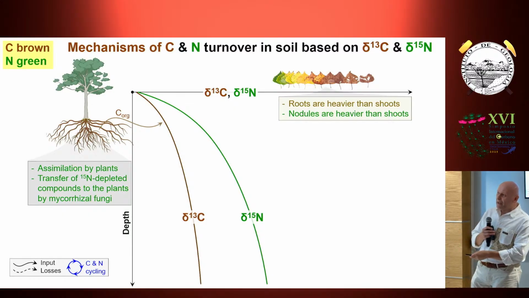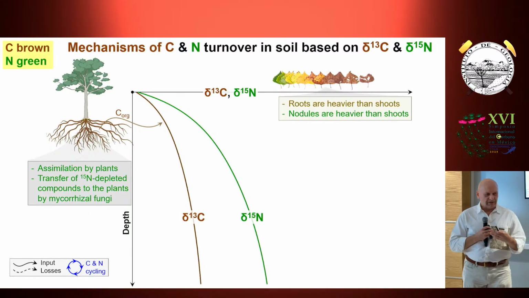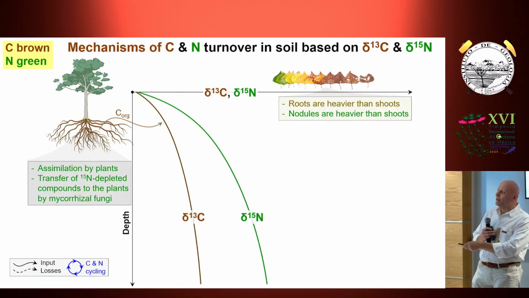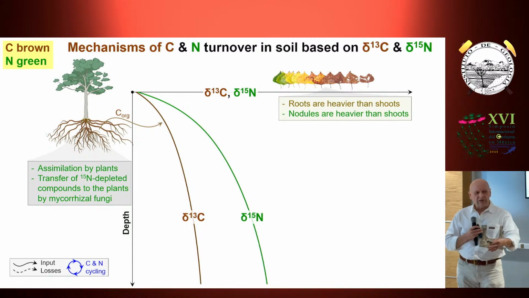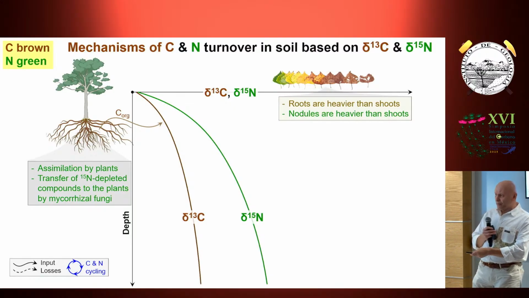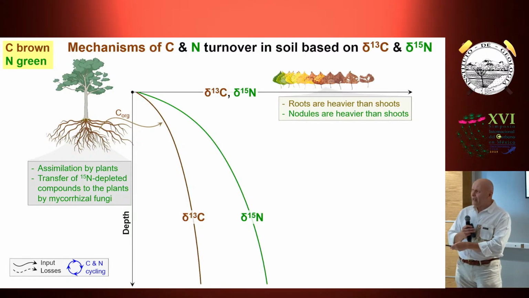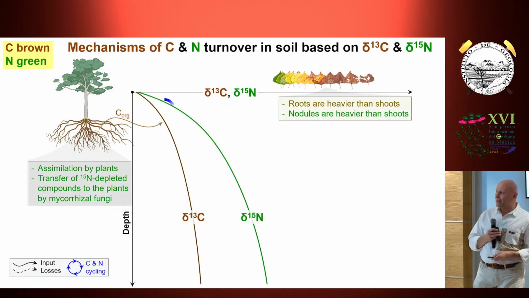If they are depleted and taken up by the plants, then heavier compounds remain in soil, which also contributes to this line. And the same goes for mycorrhizal fungi. Mycorrhizal fungi can also take up lighter compounds with lighter isotopes, and consequently heavier ones remain in soil.